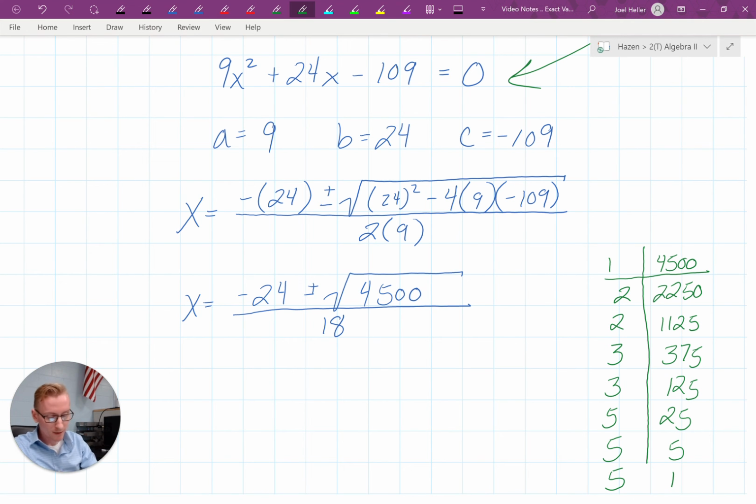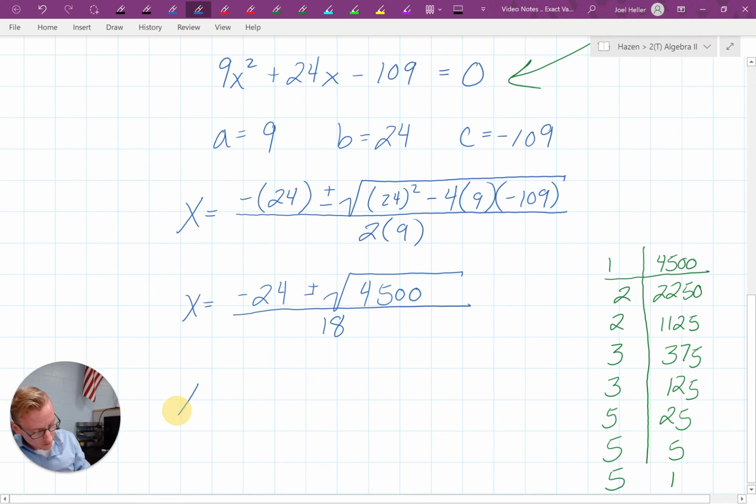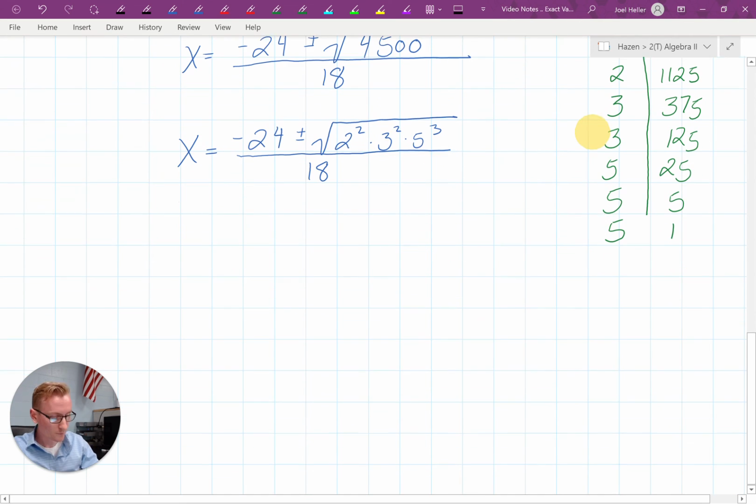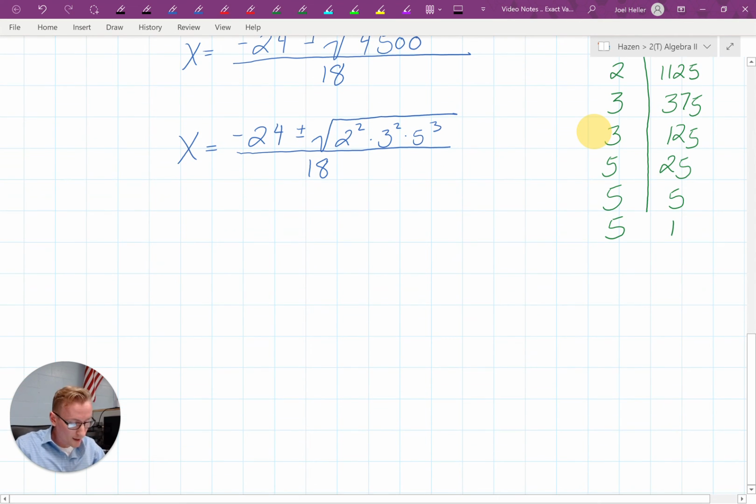I'll rewrite that in the original expression. So I've got negative 24 plus or minus the square root of 2 squared times 3 squared times 5 cubed, all divided by 18. Okay, so now I have one odd exponent there, so I'm going to split that up.